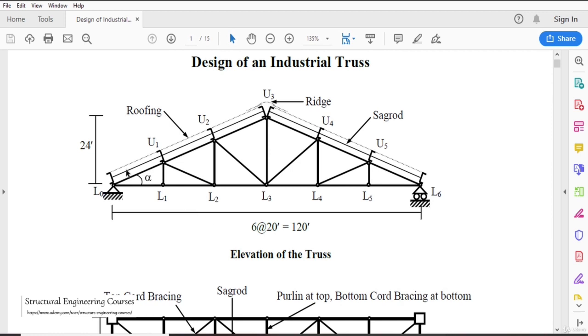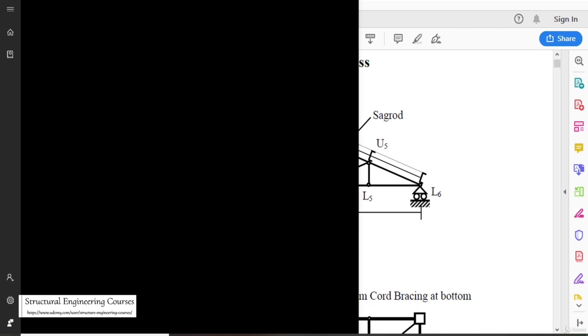Pitch angle alpha is this angle here, and if you are confident with your trigonometry skills, this is just simple math: this dimension is 24 foot and this dimension is 120 divided by 2, that is 60 foot.